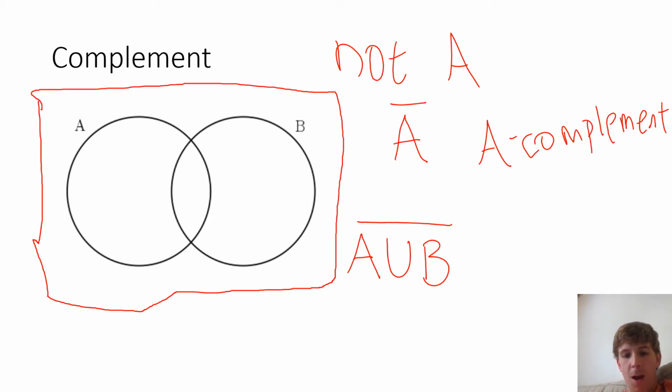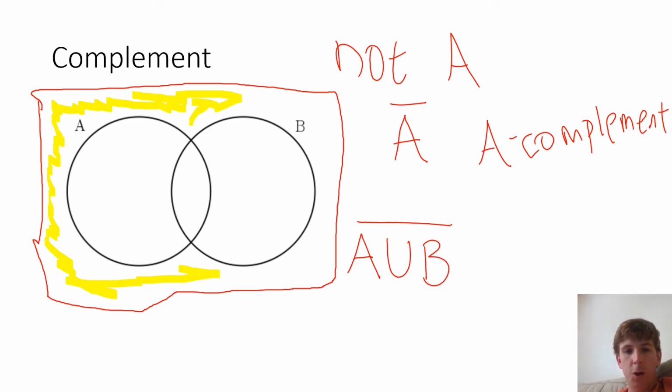So the complement of A union B is everything that is not inside the Venn diagram. It's going to be all this outside area that would be shaded in. Going back to the antigen example, it would be the people that were members of neither set. That would be pronounced A union B complement.